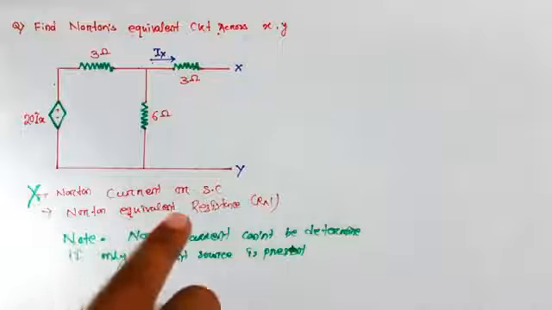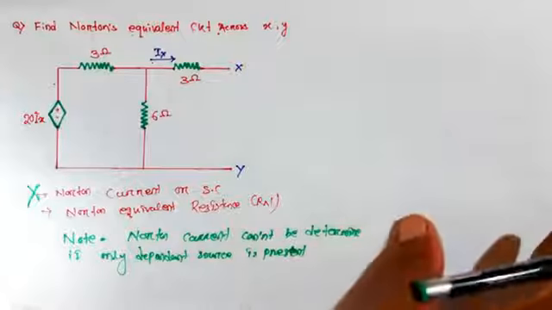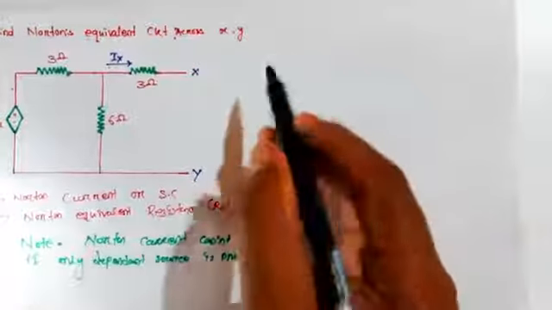So we need to find the Norton equivalent resistance, but we cannot find the Norton current or Thevenin's open circuit voltage. Remember that.